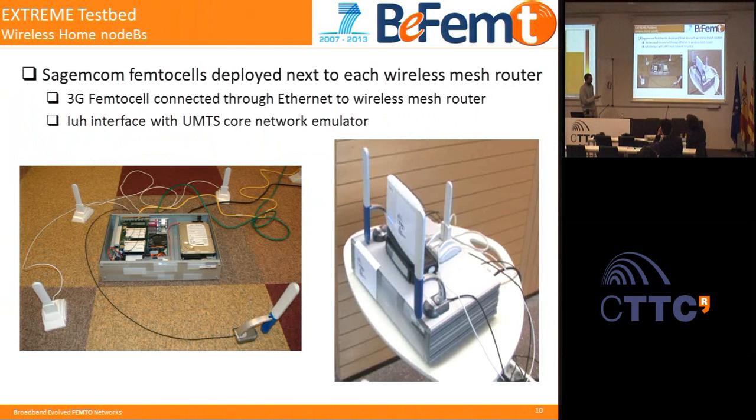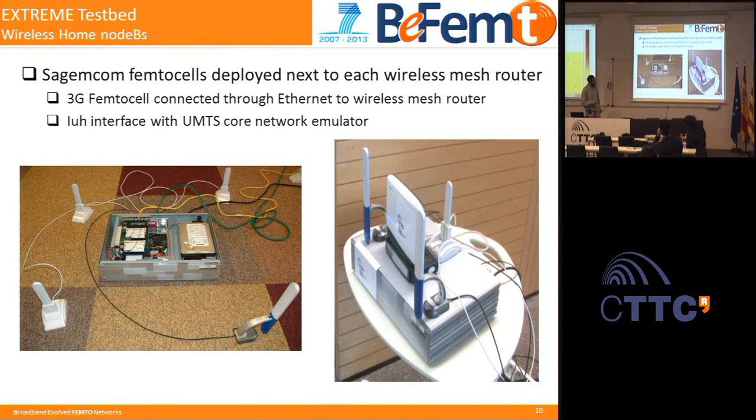And this is the wireless home node B, not homey node B, but home node B. It's 3G. SessionCom, and thanks to Thierry and Frederica and all that, provided us 12 femtocells like the one you see here.